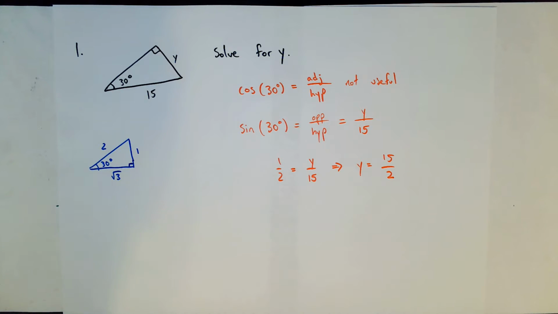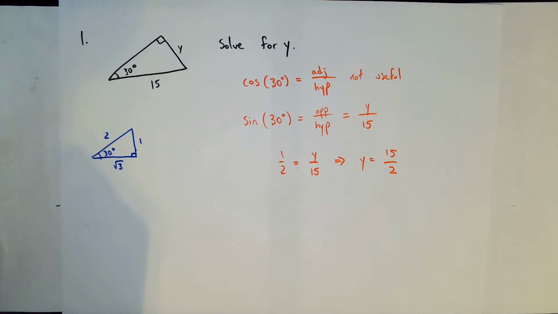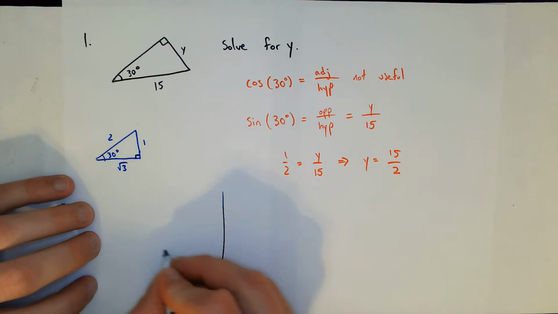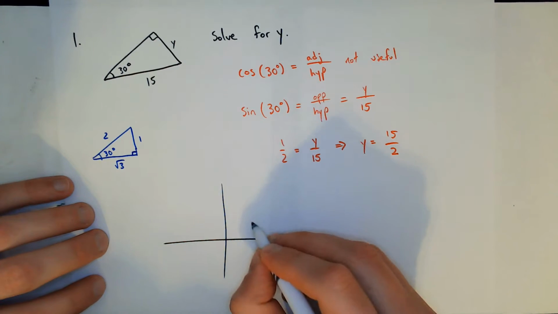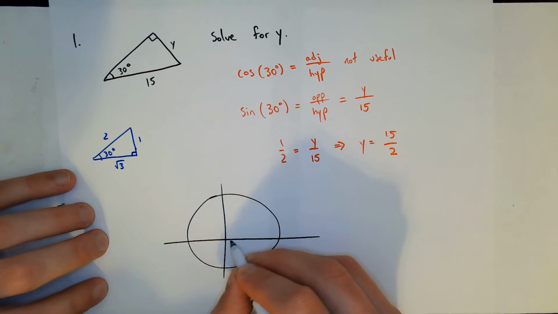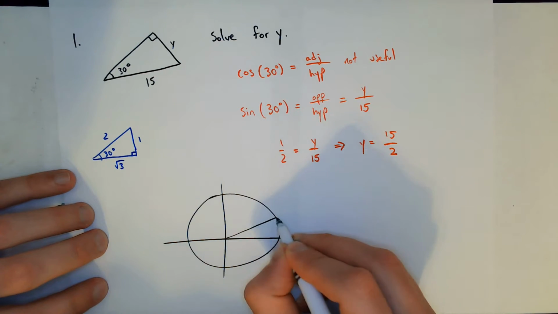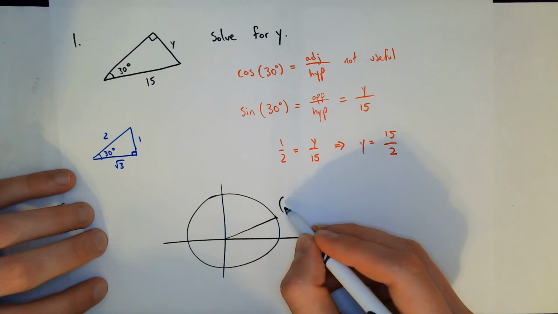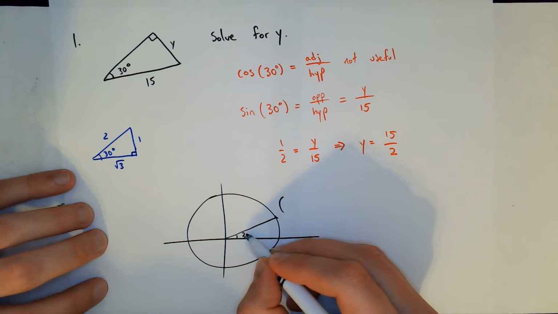By the way, since you will have a unit circle on the exam, do you really need the reference triangle? No, right? Because all you do is you go look at your unit circle. That is the ugliest unit circle, but whatever. So I've got the 30-degree angle here. This little coordinate point represents the cosine and sine of that angle. So here's the angle, 30 degrees.